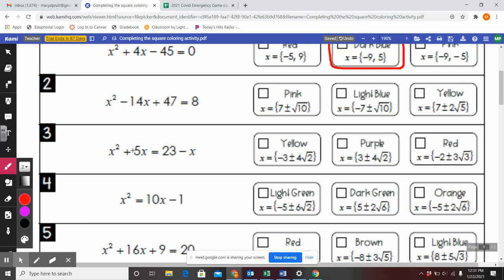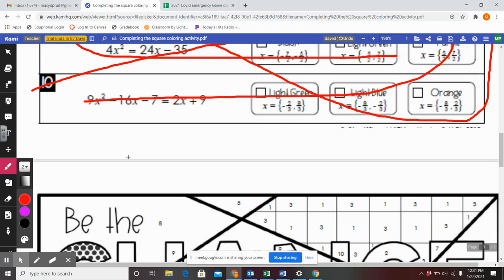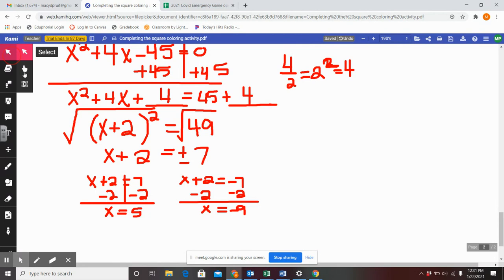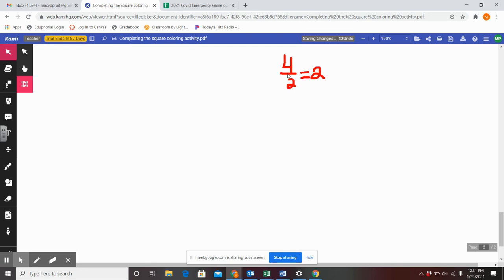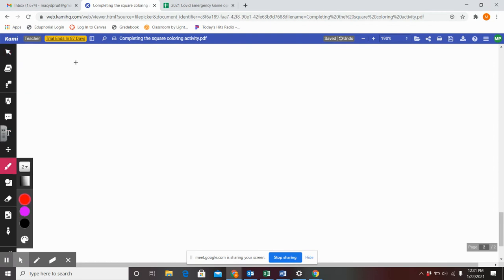x squared plus 5x equals 23 minus x. So x squared plus 5x equals, is it positive 23? Yeah. Minus x. Okay, so here's the thing. Step 1 is to move the constant, right? The number.